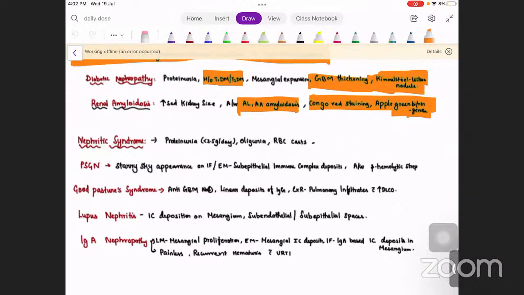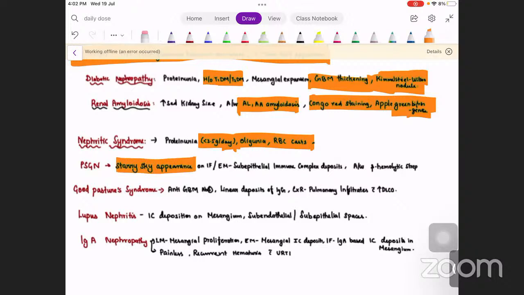Apart from that, you have nephritic syndrome: proteinuria less than 3.5 grams per day, oliguria, and RBC casts will be there. Immunofluorescence shows a starry sky appearance.